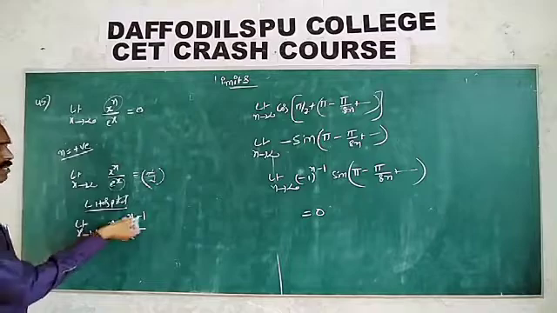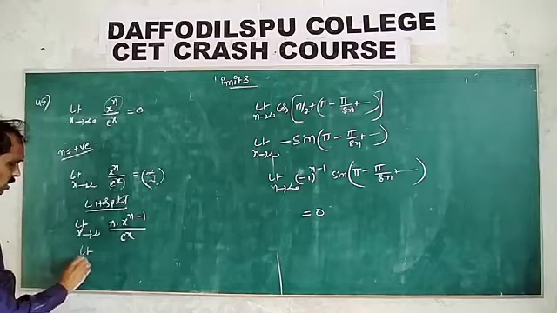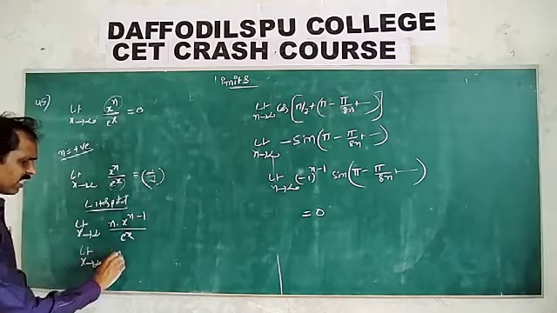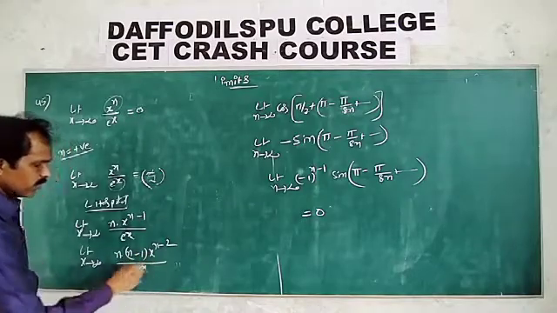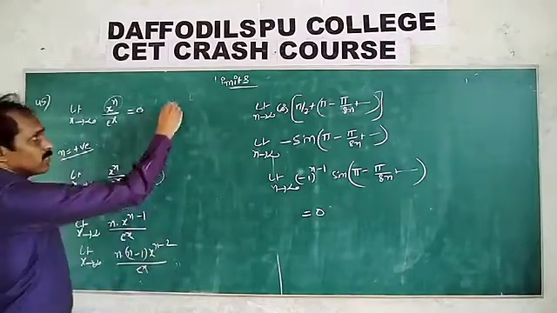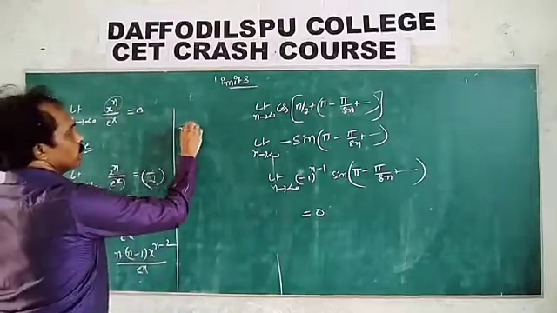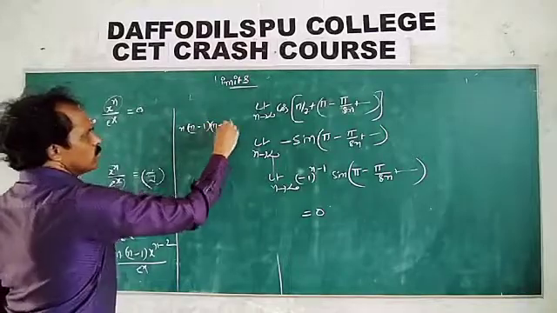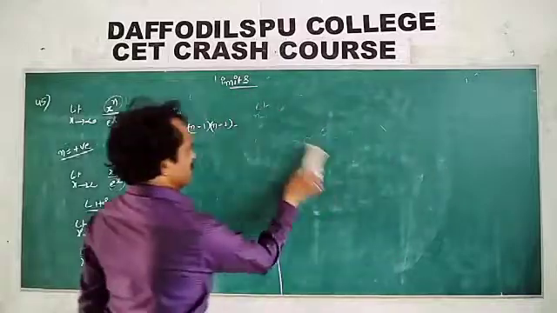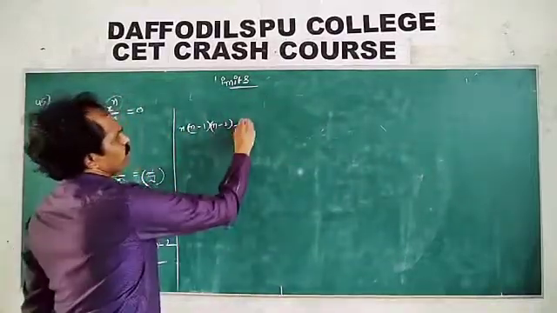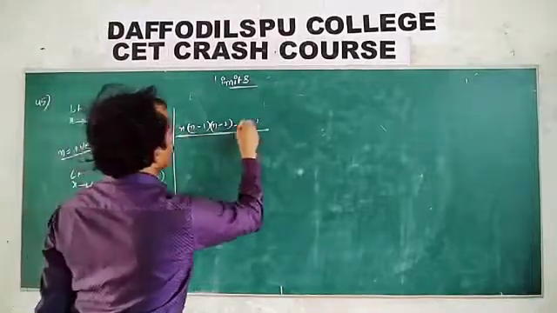Again infinity by infinity. Second time L'Hospital's rule: limit x tends to infinity of n(n-1)x^(n-2). Again substituting infinity, we do not get 0. So until the last, what is the answer? n(n-1)(n-2)... down to 2 into 1. So finally this value is nothing but n factorial.